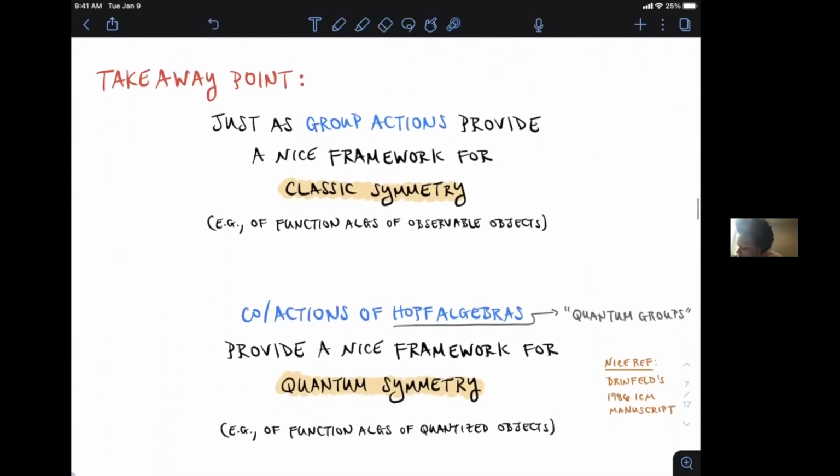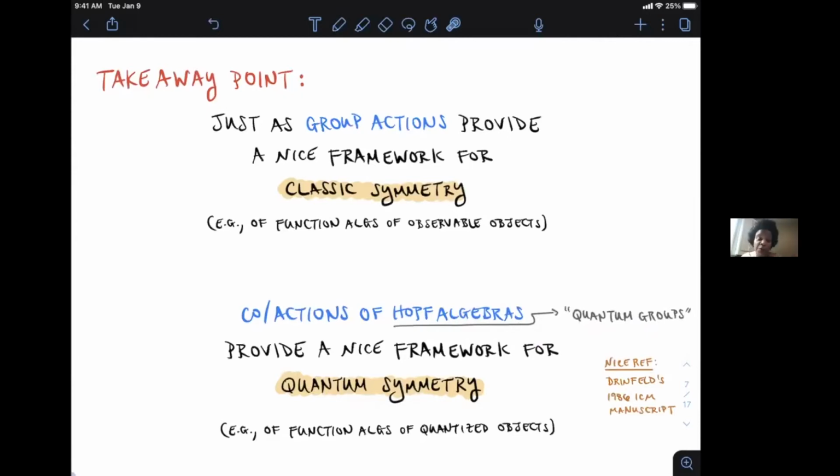Just as group actions provide a nice framework for classical symmetry, or symmetries of function algebras of observable objects, coactions of Hopf algebras provide a nice framework for quantum symmetry, or symmetries of function algebras on quantized objects. That's why sometimes the term quantum groups appears in this study. Quantum groups and Hopf algebras, in my mind, are the same thing. In some people's minds, quantum groups are special Hopf algebras, but in my mind, they're the same thing.